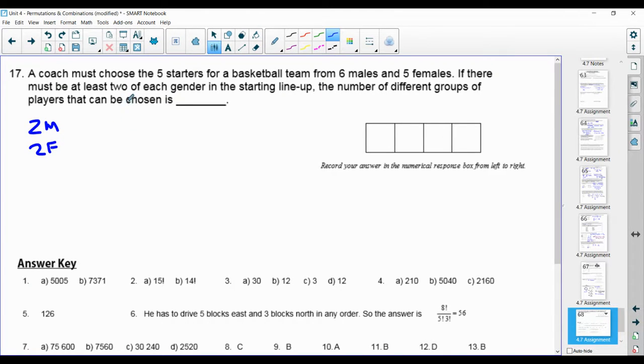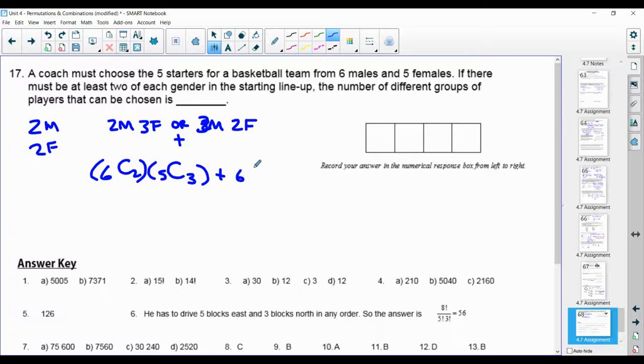So we consider our scenarios. 5 starters, if we have 2 males, then that means we have 3 females. If we have 2 females, that means we have 3 males. So 3 males and 2 females. So we consider those scenarios, or means add. So we have 6 males, we're choosing 2. We have 5 females, we're choosing 3.